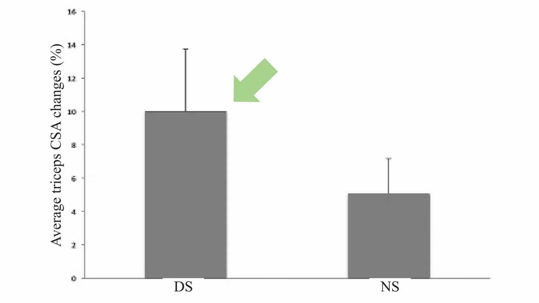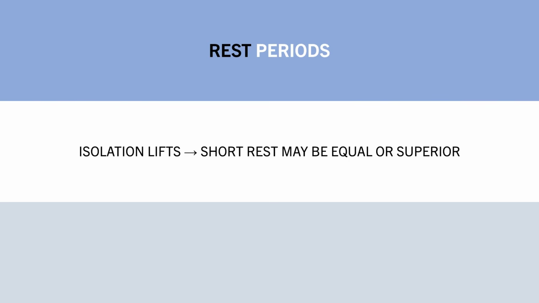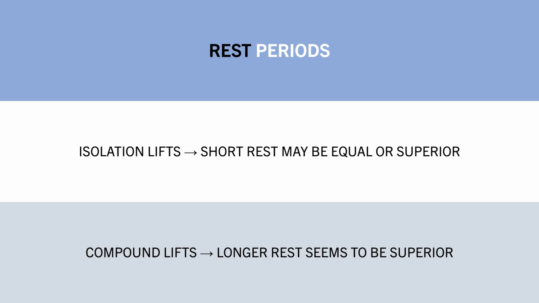Although this study and a few other similar studies didn't isolate the variable of rest periods specifically, they do suggest that shorter rest periods may be superior for isolation lifts, while longer rest periods tend to result in greater muscle growth for compound lifts. In either case, both longer and shorter rest periods can be effective for muscle growth, although the exact time taken between sets may differ slightly based on what exercises we are performing.